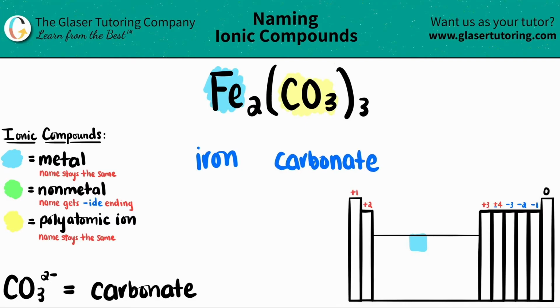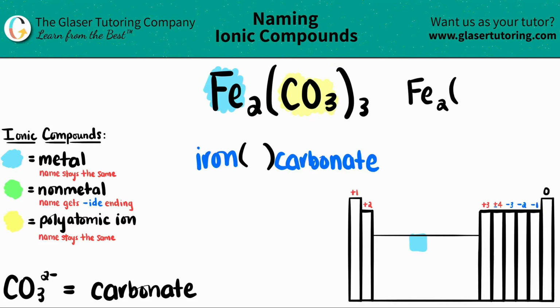Now we only have to do a little test just to see if we have to add a Roman numeral. Since iron is a transition metal, it's in this little block here, I know that I have to add a Roman numeral. And the Roman numeral is always the charge of the metal. So we're looking for a charge, but how do we get it? Well, it's pretty easy.